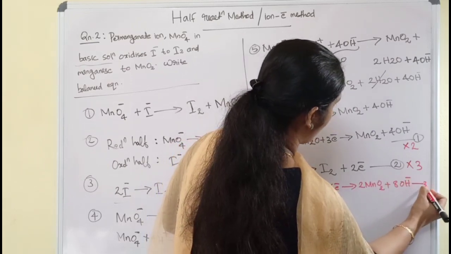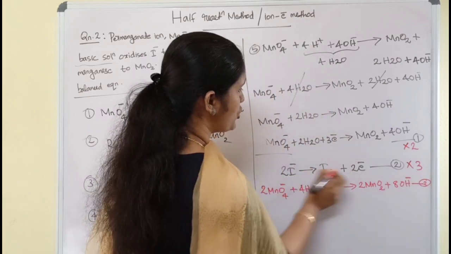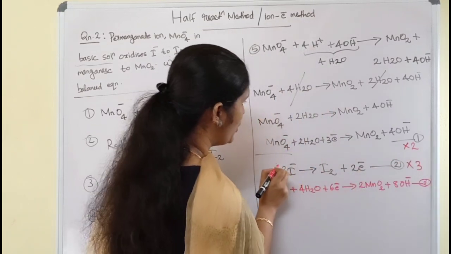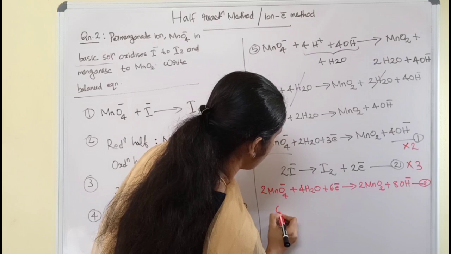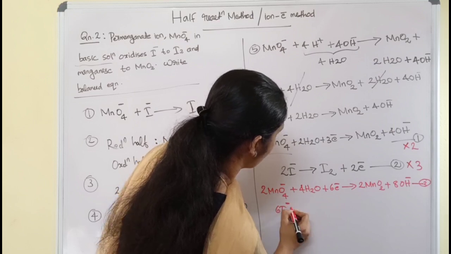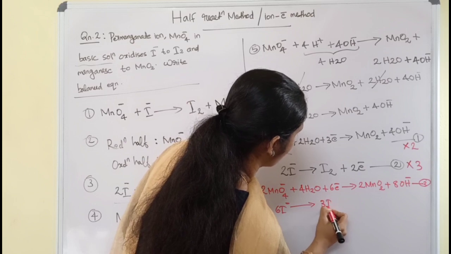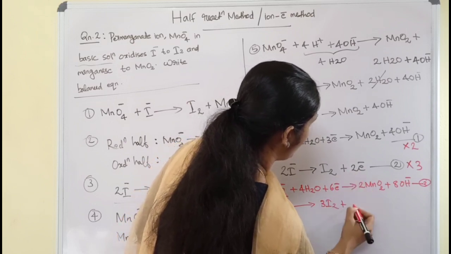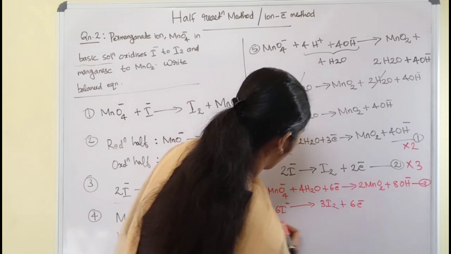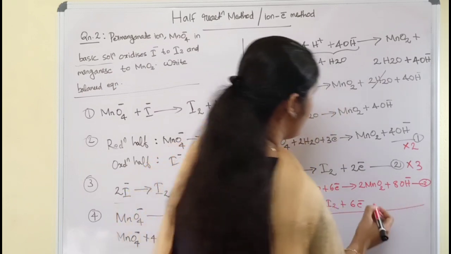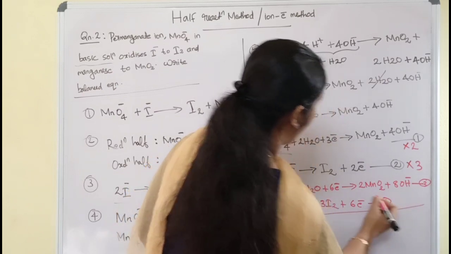Okay, this is equation number 3. And equation 2 should be multiplied with 3. So 2 into 3 means here it is 6I minus, which gives 3I2 plus, 2 into 3, 6 electrons. Okay, this is equation number 4.